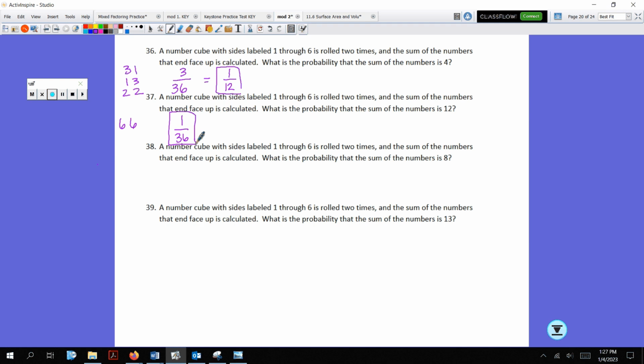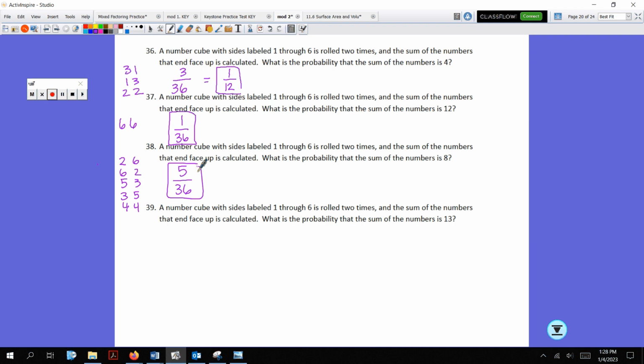All right, number 38. A number cube, 1 to 6, is rolled. What is the probability the sum is 8? Well, let's run through the 8s, okay? So 2 and 6, 6 and 2. 5 and 3, 3 and 5. And then 4 and 4. So that's 1, 2, 3, 4, 5 choices out of 36. Hope it's not reduced.